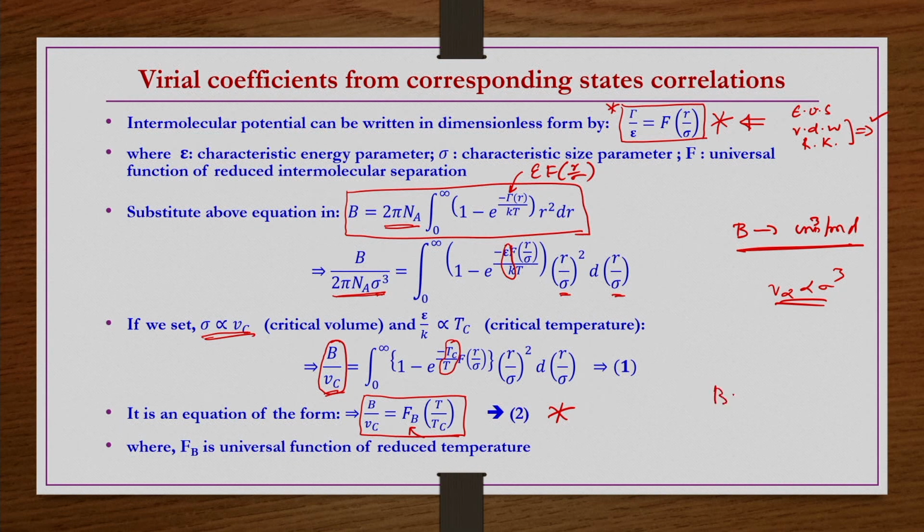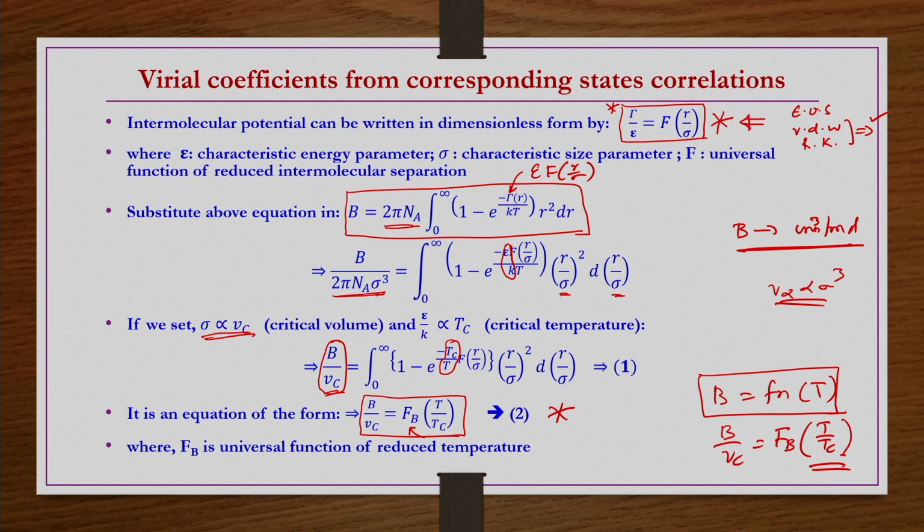What we know is that B is a function of only temperature. If you write it in dimensional form, as we have already seen, it is not a function of pressure or density. So if you write it in reduced form, B by Vc, you can have a universal function of the reduced temperature T by Tc.